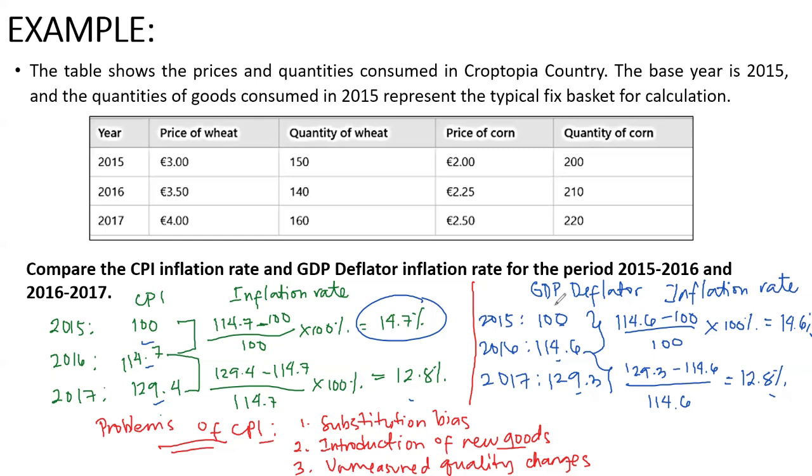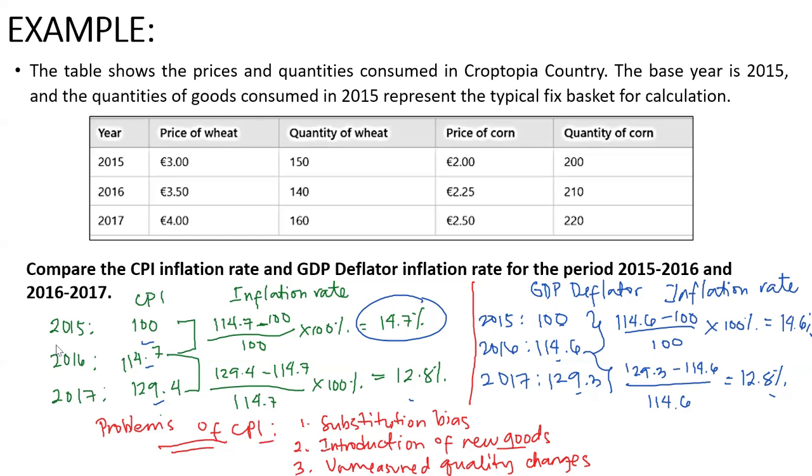Unlike the GDP deflator, which doesn't only account for consumers but also for capital and other things. So on the next slide, we are going to compare and contrast the CPI and the GDP deflator as measures of the cost of living.